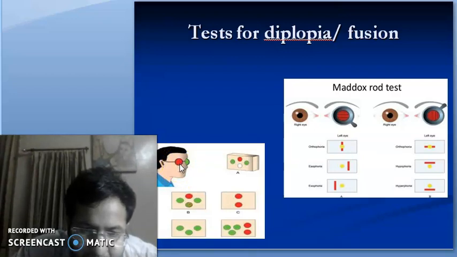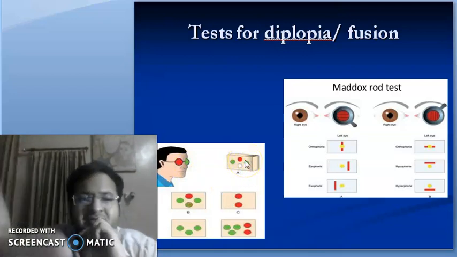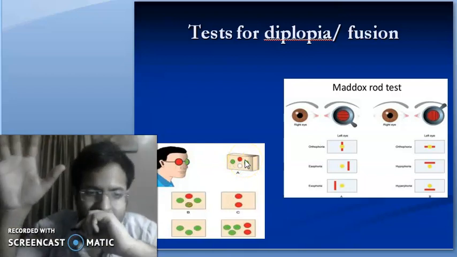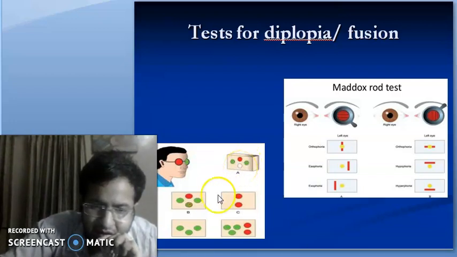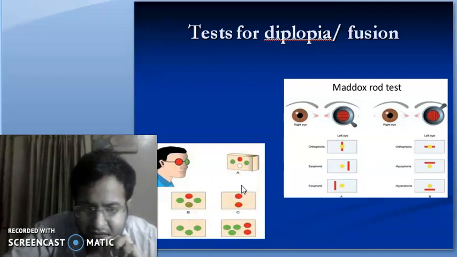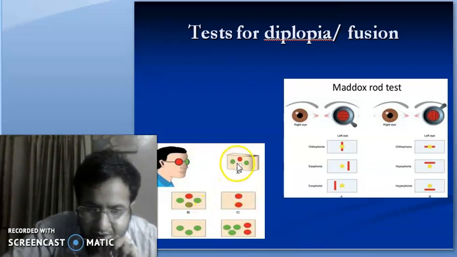So the red glass is placed before the right eye, and we have to see this box, which is usually below the Snellen's chart in our OPD. There is a red circle, two green circles, and one white circle, and according to the results, we can label this.